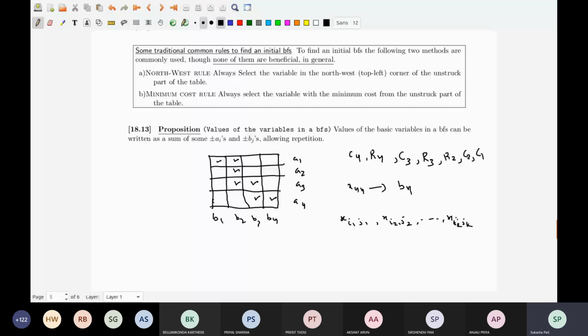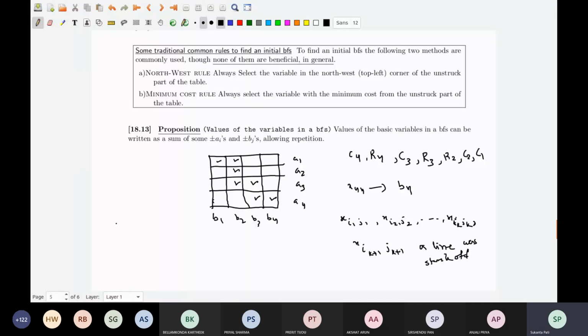Now next you are considering x_ik+1 j_k+1. For that, some line was struck off. What line? Either it is a row or a column. Both are similar arguments. Assume here that a row was struck off.